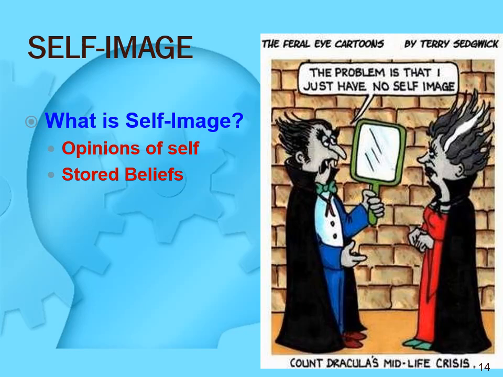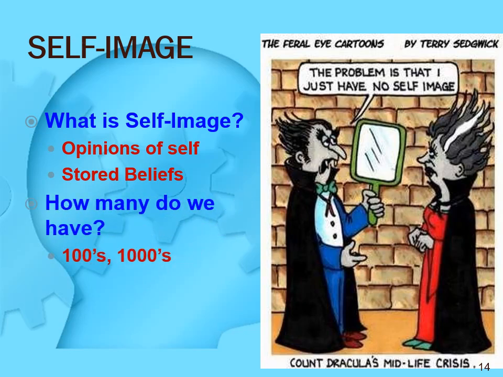So how many of these self-images do we have? There are hundreds. There are thousands of them. Everything that you do, there's a self-image. If you're a male, you have a self-image of yourself as a man. You have a self-image of yourself as a brother, as a son, as an uncle, as a cousin, as an athlete, as a student, as a professional. The same thing as a woman.